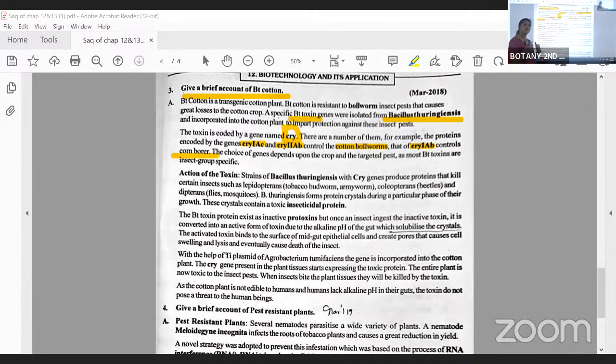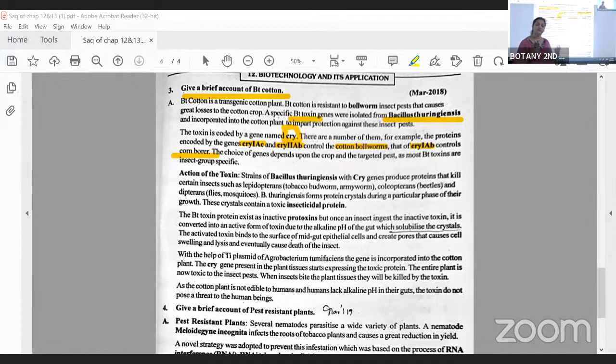Once these crystals are formed in the inner layer of the gut area, they make the gut neck swollen up, and the insect cannot take in oxygen in a proper way.